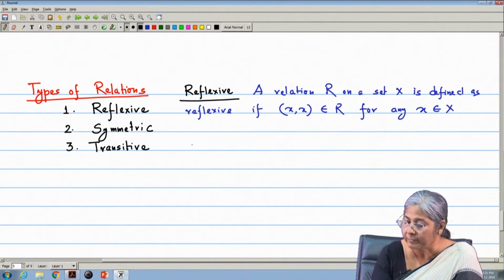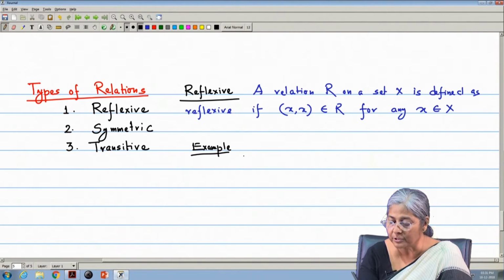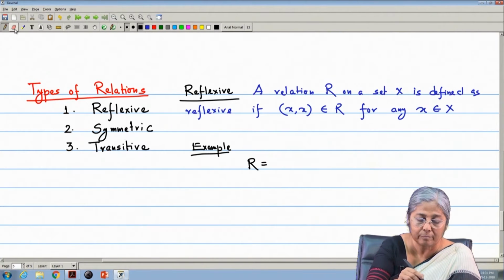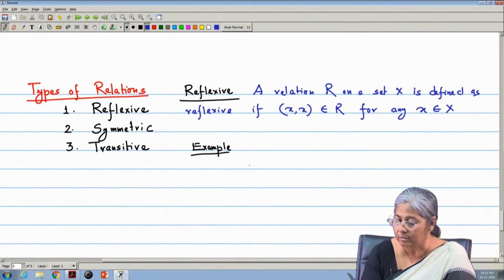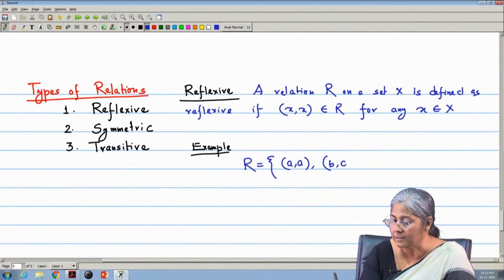We take one very simple example. I consider a relation R which has elements (A,A), (B,C), (C,B) and (D,D).